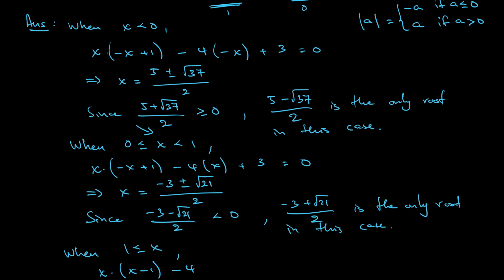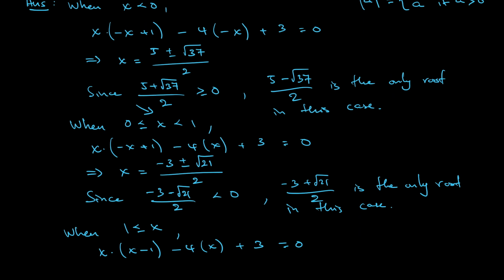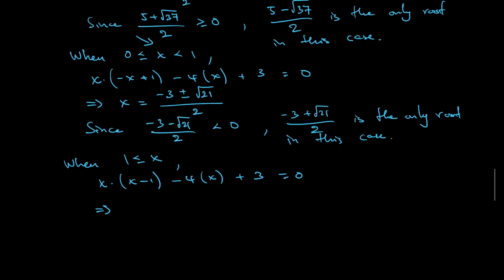Minus 4 multiplied by x, which is already positive, so coming out of absolute value is still x, plus 3. Same thing, quadratic equation. You would get 2 roots, and the 2 roots should be 5 plus minus square root 13 over 2.